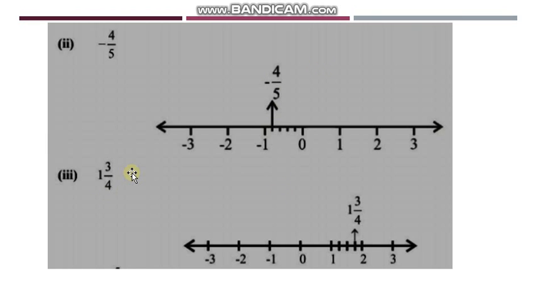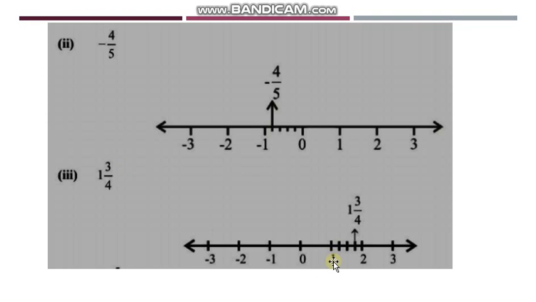Now next we have 1 whole 3 over 4. 1 whole means we have 1 complete part and then 3 over 4. And 3 over 4 means 0.75. Actually we have 1.75, and 1.75 means more than 1 but less than 2.